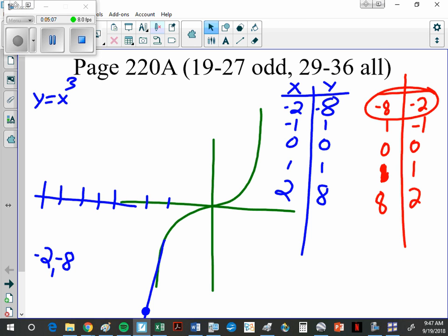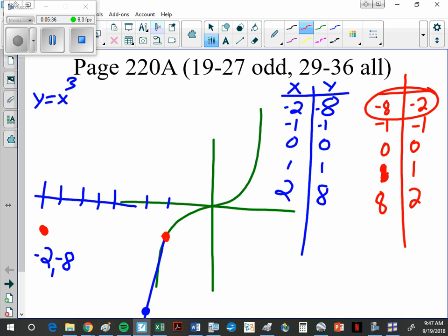Okay, so now I graph the point negative 8, negative 2 right here. Okay, on the green graph, negative 1. Oh, it should be negative 1, negative 1. Okay, so negative 1, negative 1 doesn't move.